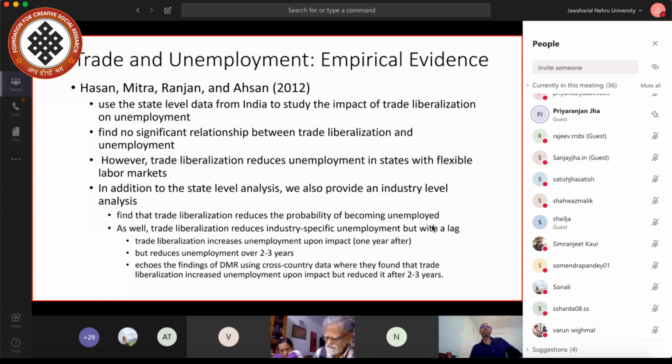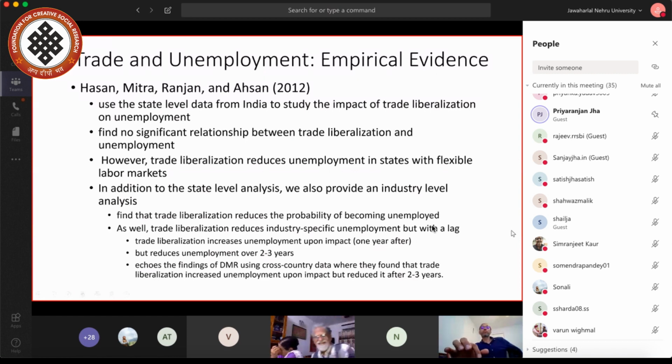However, we found some conditional relationship: trade liberalization reduced unemployment in states with a flexible labor market. There are some indicators of flexibility of labor market which vary across states, and there was a positive interaction. That is, trade liberalization creates more jobs in states which have a more flexible labor market.